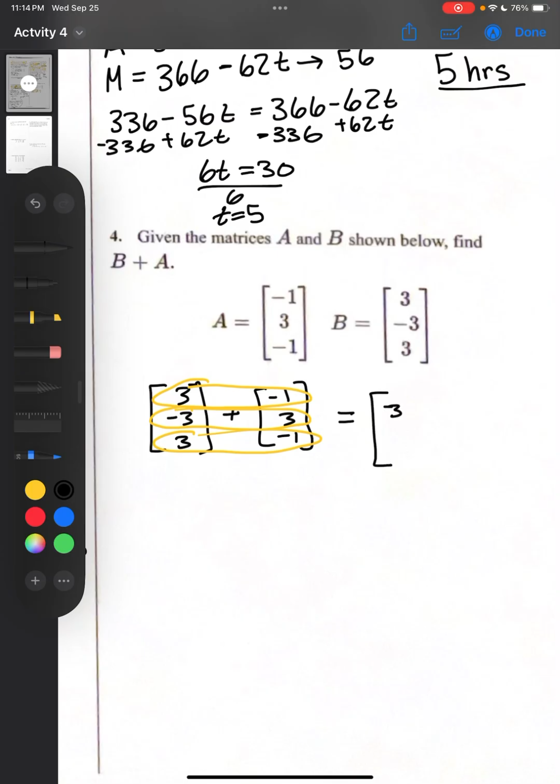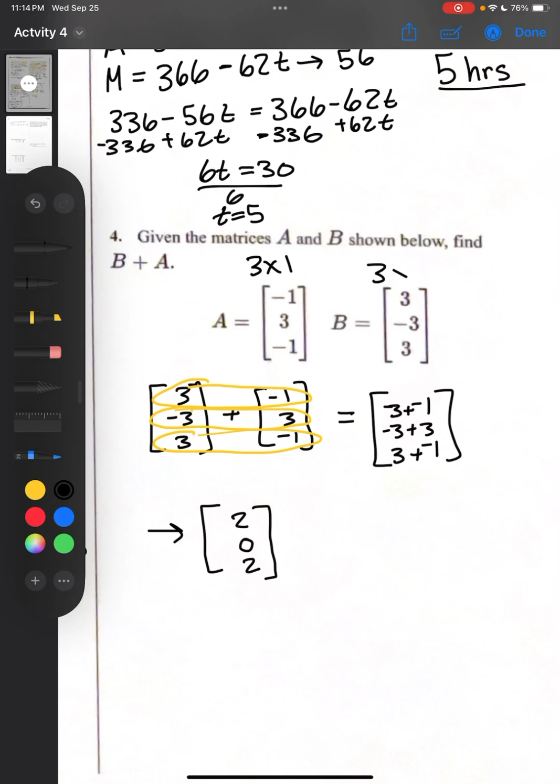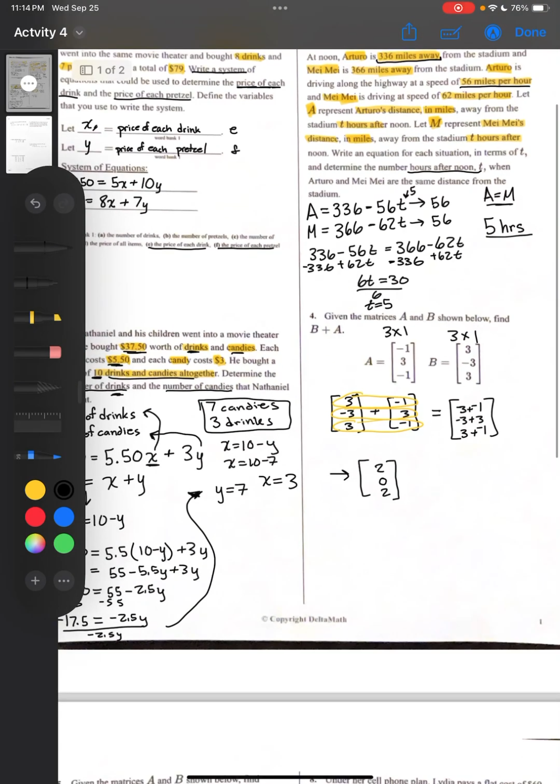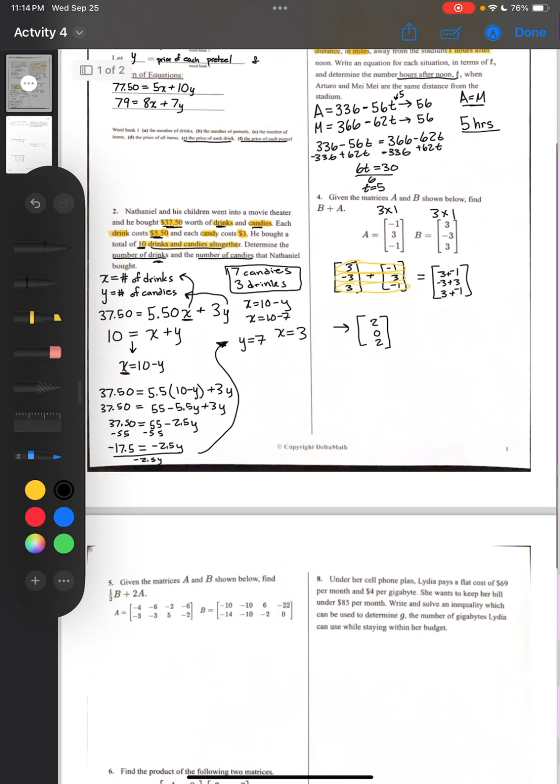So 3 plus negative 1, negative 3 plus 3, and 3 plus negative 1. That brings you to 2, 0, 2. And you can add these two because they are both 3 by 1 and 3 by 1. That's always a check you can do, but if they look the same, then they should be fine.